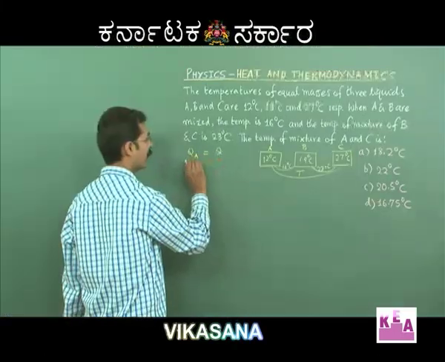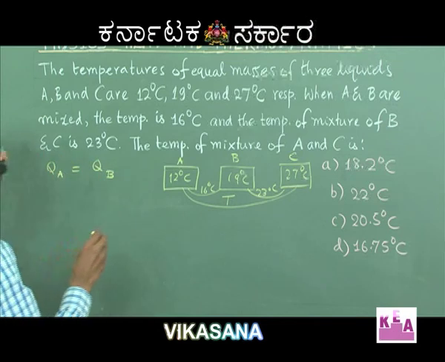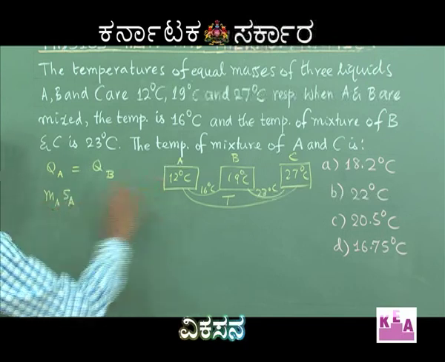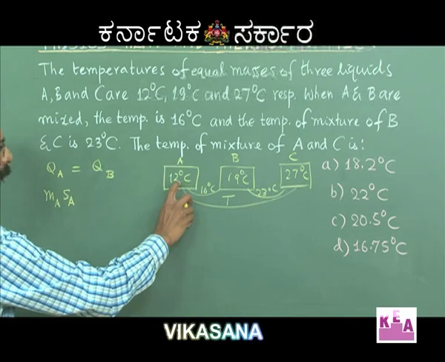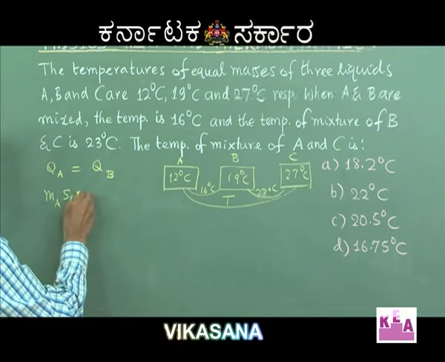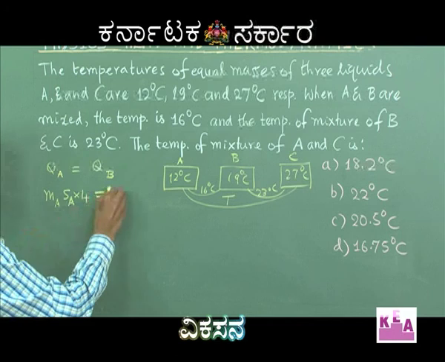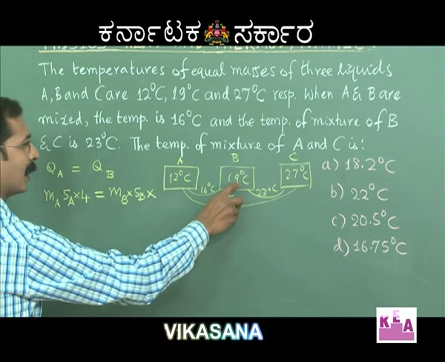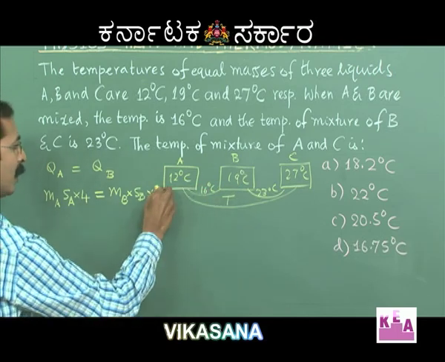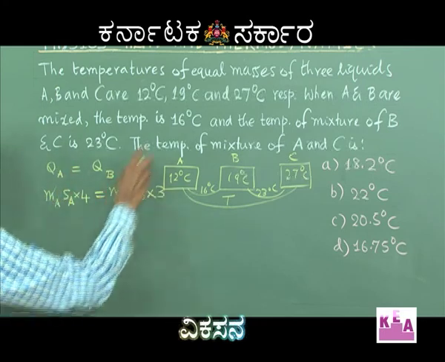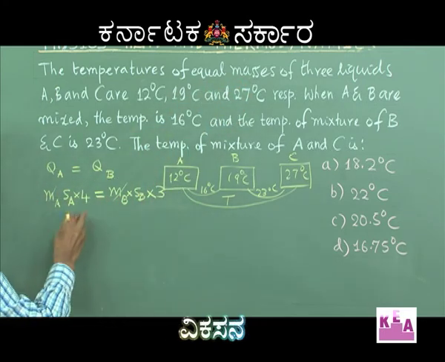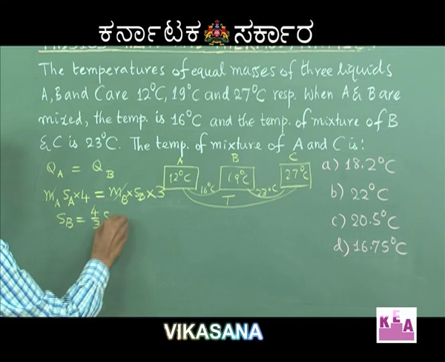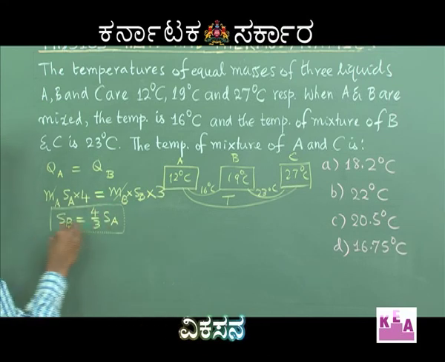Heat gained by A is equal to heat lost by B. That implies mass of A into specific heat of A into change in temperature of A. The initial temperature of A is 12, the final temperature is 16, therefore change in temperature is 4, equal to mass of B into specific heat of B into change in temperature of B, it's 19 here, 16 here, the change in temperature is 3. It is given that the masses are equal, therefore masses get cancelled. That gives me SB is equal to 4 by 3 SA. That is one fact I will use later on.